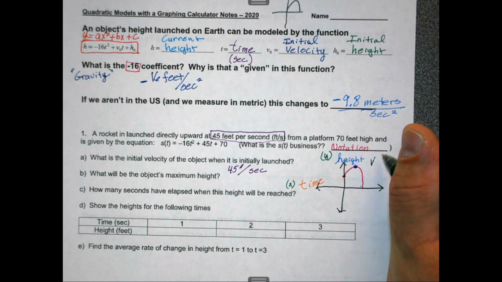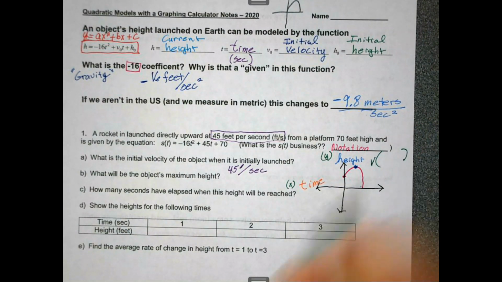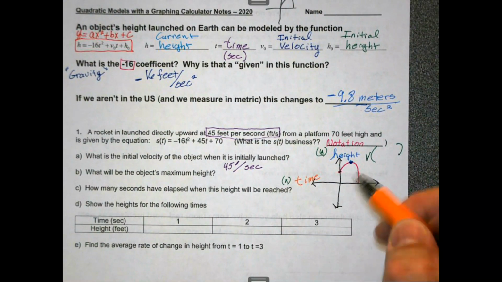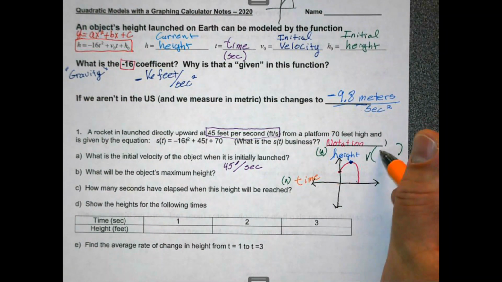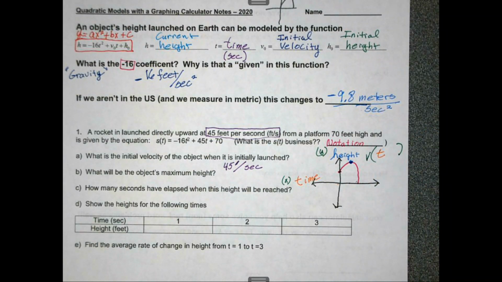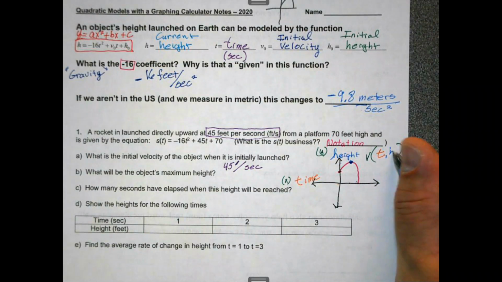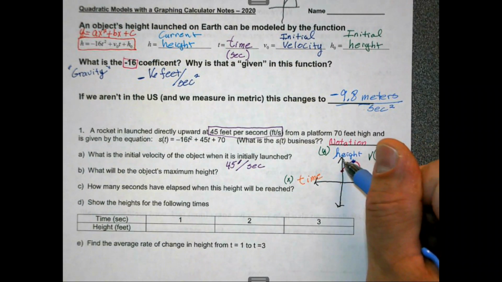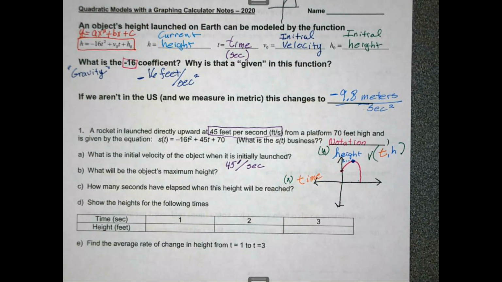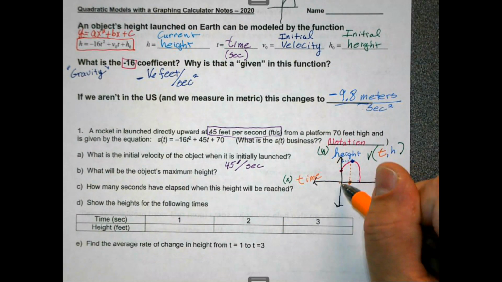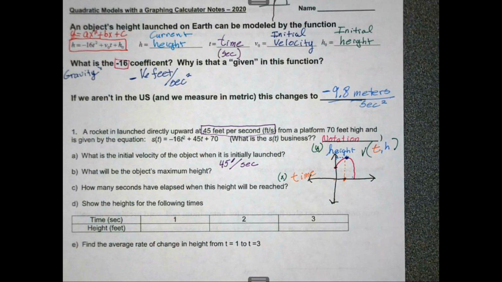That's the vertex of my parabola. But it's not x and y, it's t, comma, h. So this is my maximum height right there, and this is the time it takes to get to that height. It's my vertex.